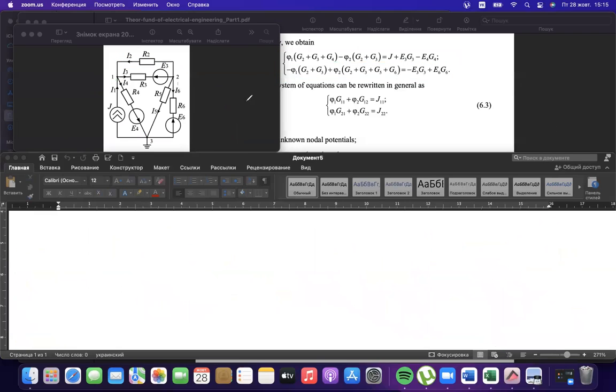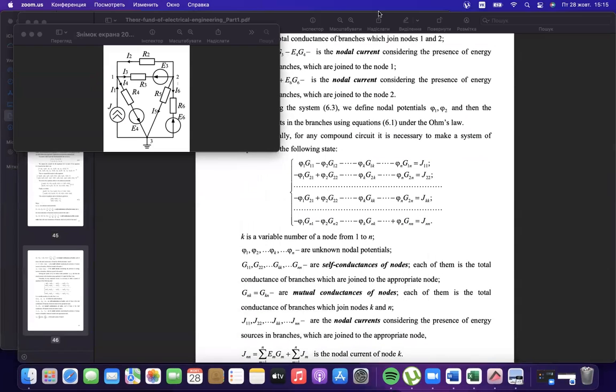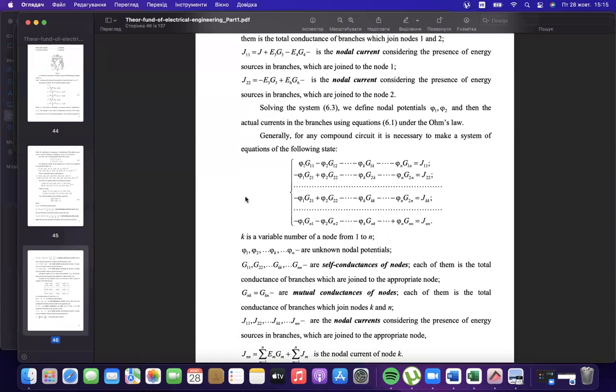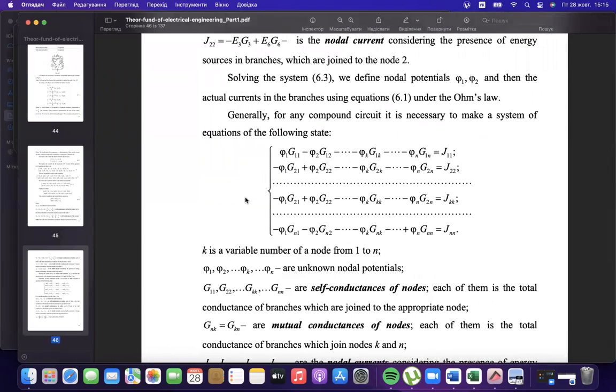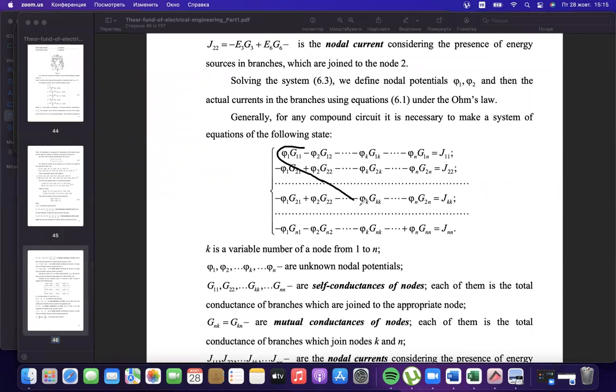If we look at the general form, what should we see? We will obtain something like that. The diagonal part of the potential always should be positive.